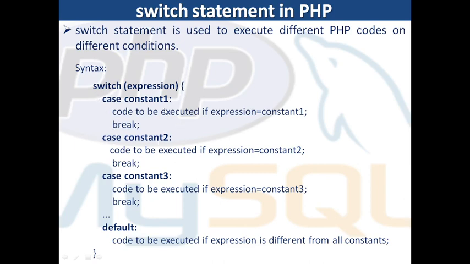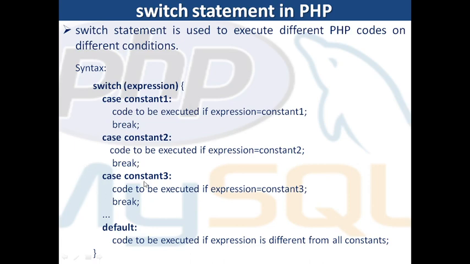If the variable or expression is equal to constant 2, then the code within the scope of this case statement will be executed. After executing, it will break. The break statement is used to come out of the switch statement.